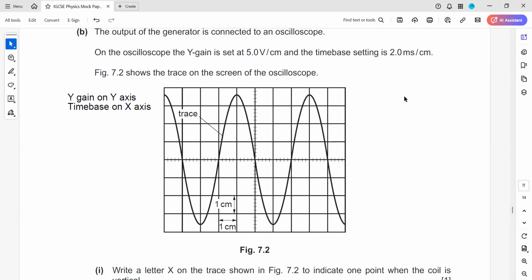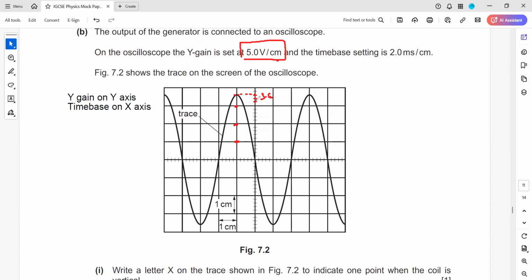Look, we need the voltage produced, the Y gain. According to the y-axis, 5 volts equals 1 centimeter, meaning one box is 5 volts. So what is the number here? This is 1, 2, 3, and there are further lines. This is 3.2, 3.4, 3.6. So this value is 3.6 centimeters, because one box is 1 centimeter, 2 centimeters, 3, and then 5 lines.